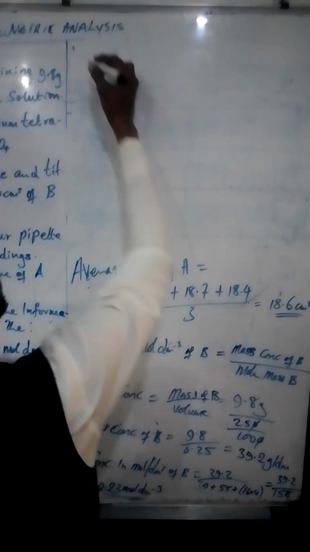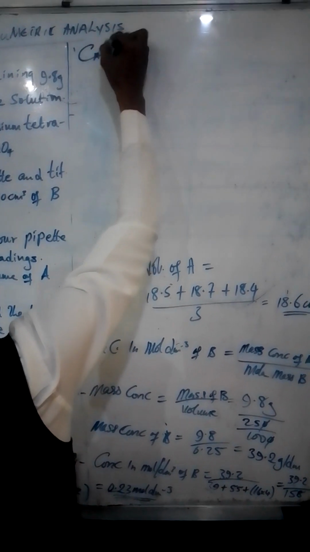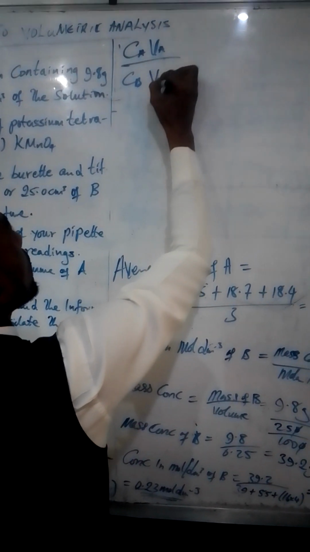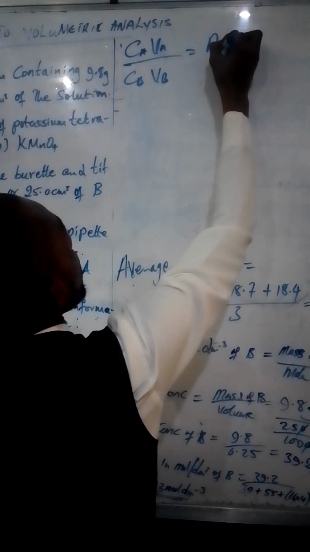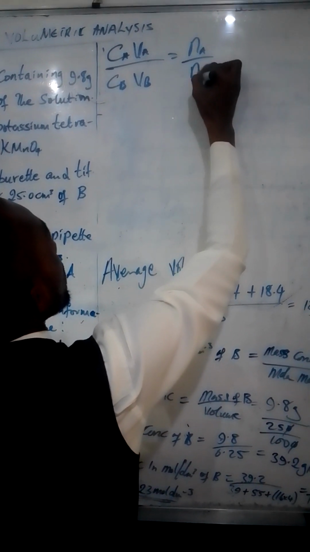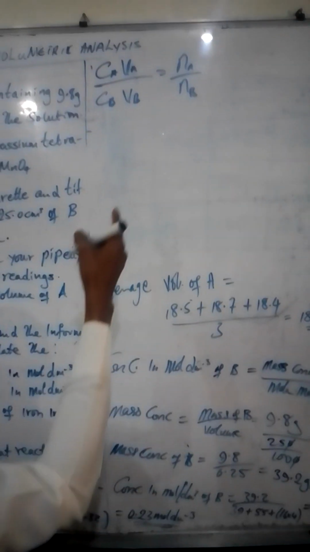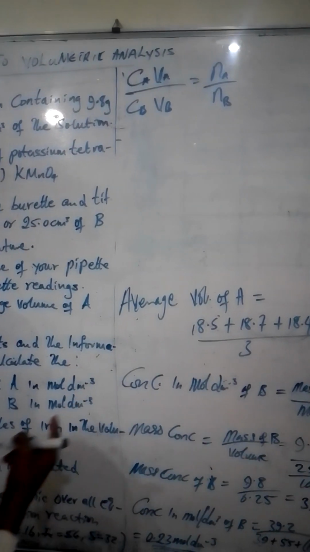CA VA over CB VB equals NA over NB. So in order for us to get NA and NB, we are going to write the equation of reaction of this titration.